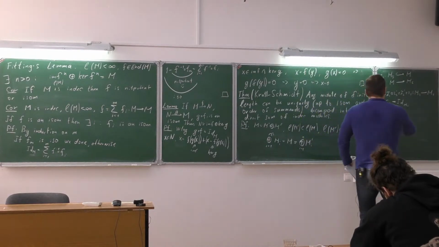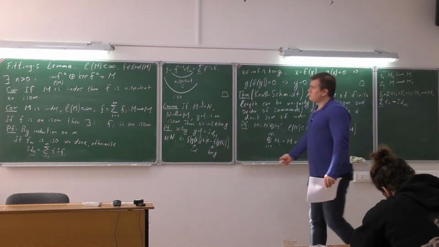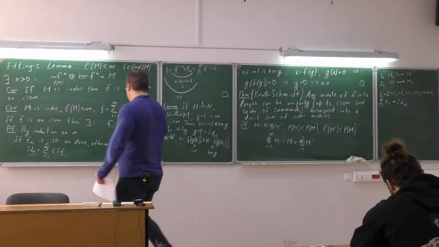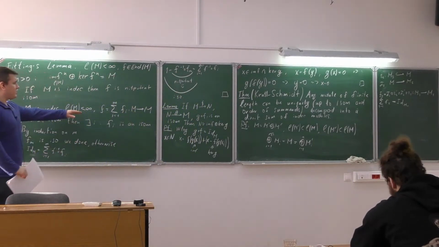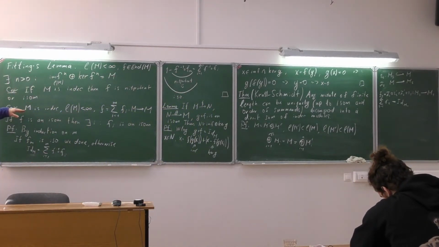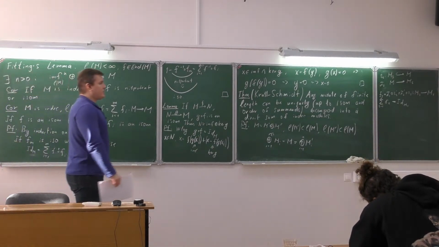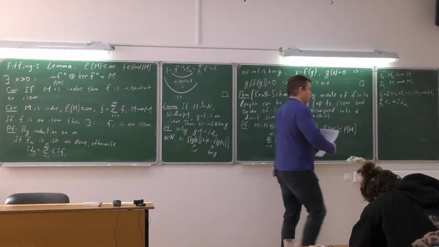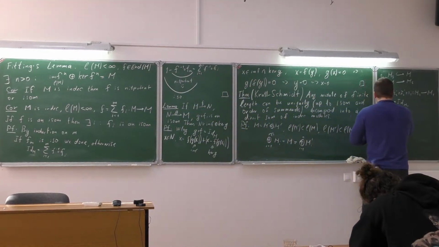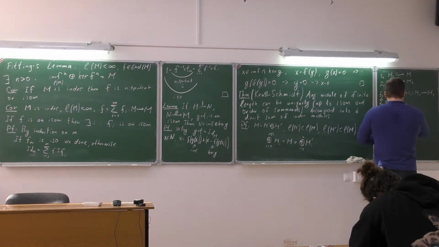Now, when we have this sum, we can use this corollary, which is still on the blackboard. So we can claim that one of these F_s is an isomorphism. And without loss of generality, I can say that F1 is an isomorphism.